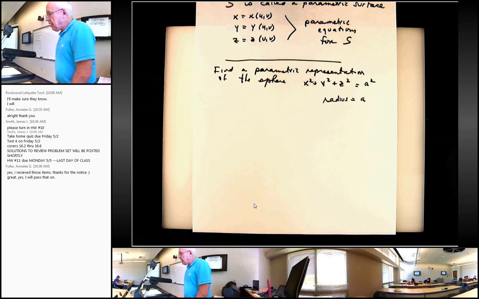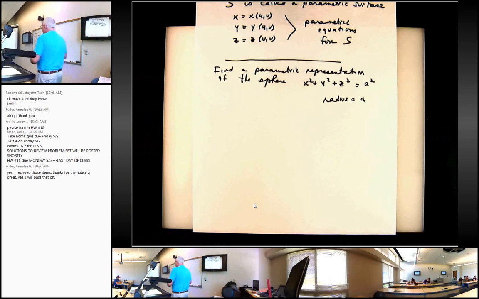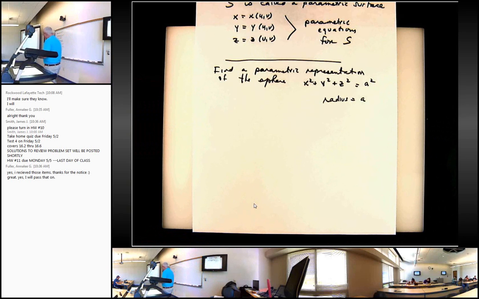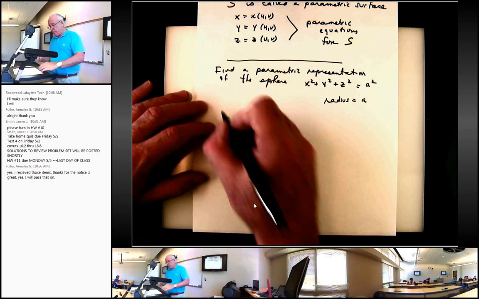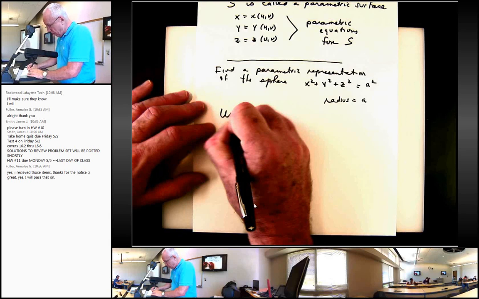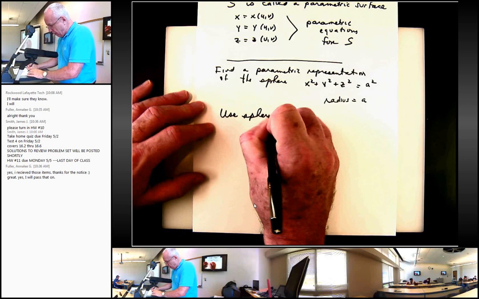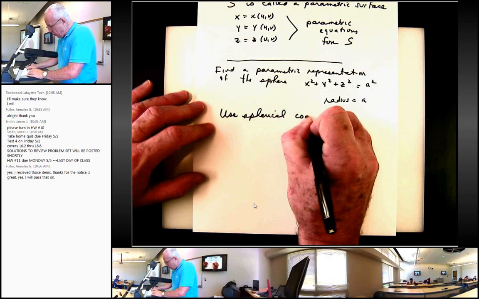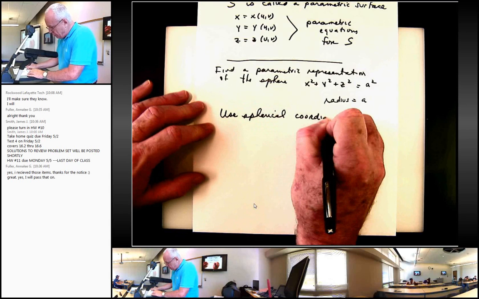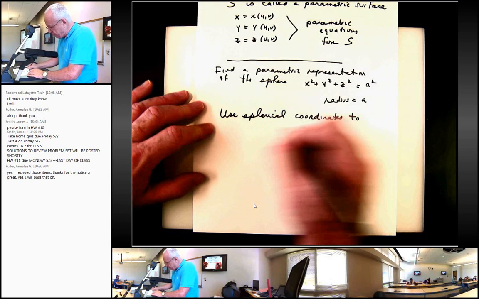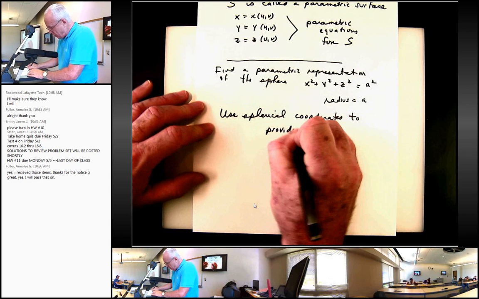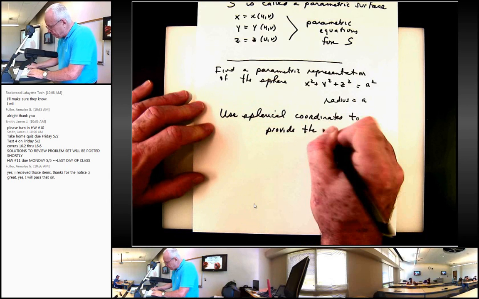Okay. Now, since we're talking about a sphere, the natural thing I'm hoping you would think of is spherical coordinates to help provide our parameterization. Use spherical coordinates to provide the parameterization.